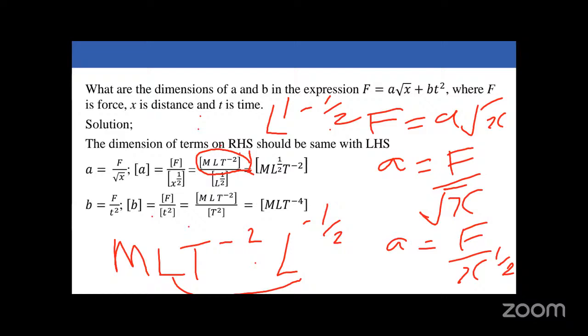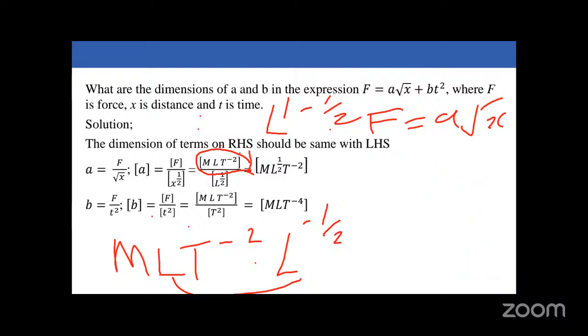So we are going to have our expression for A. A is equal to M L raised to half T raised to minus 2.